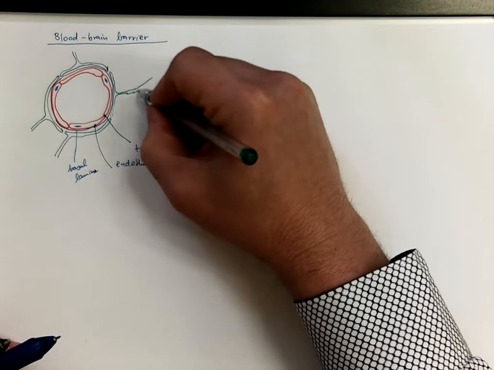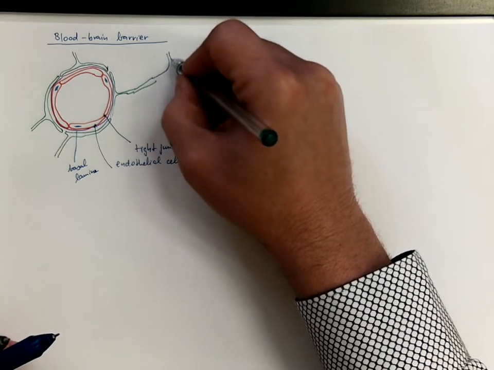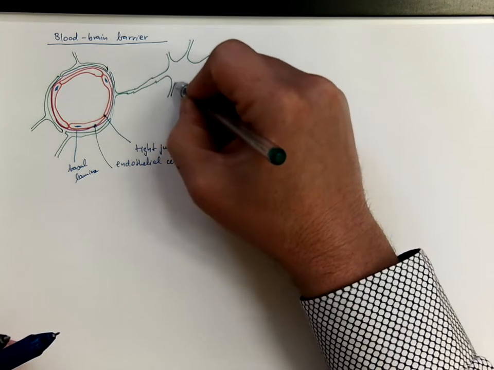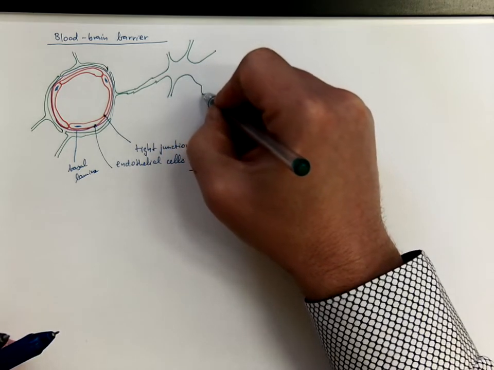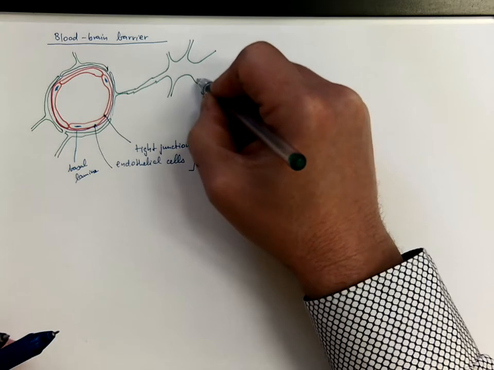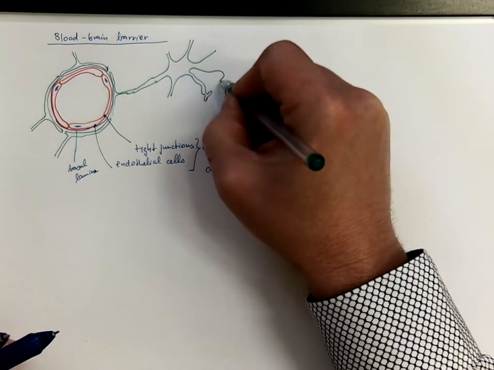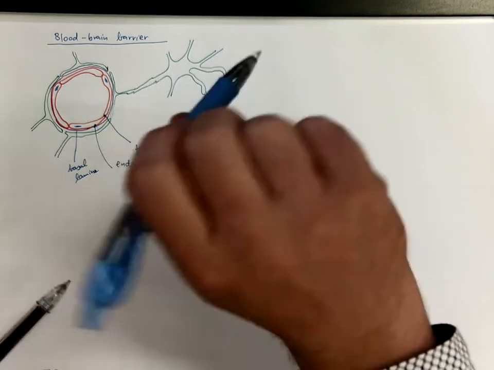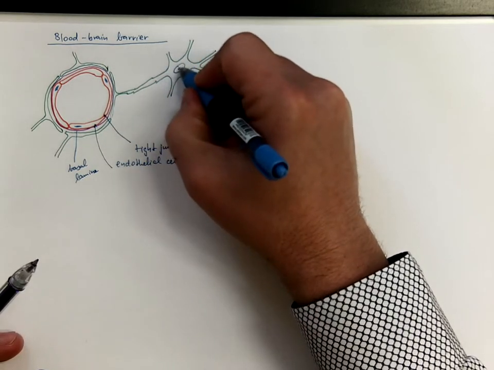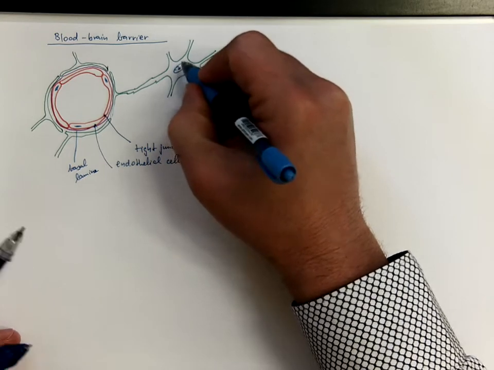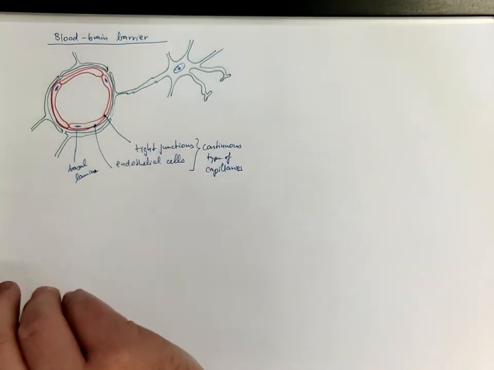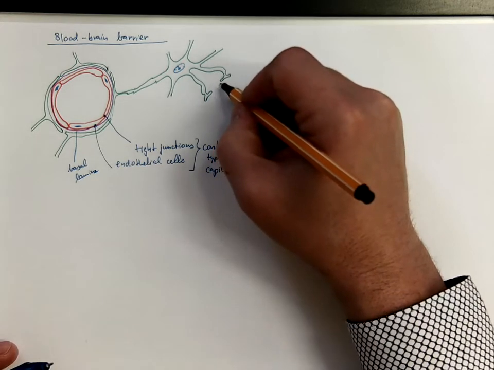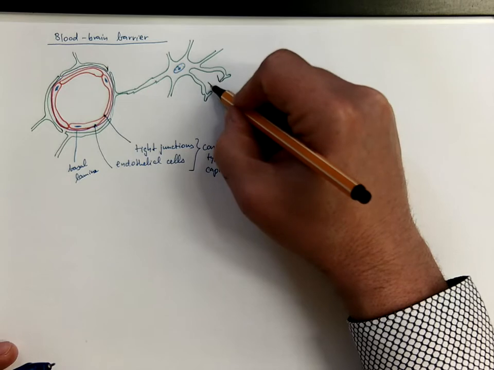Let's complete one of these astrocytes. So this will be the cell body of the glial cell called astrocyte. And that will be the neuron here.